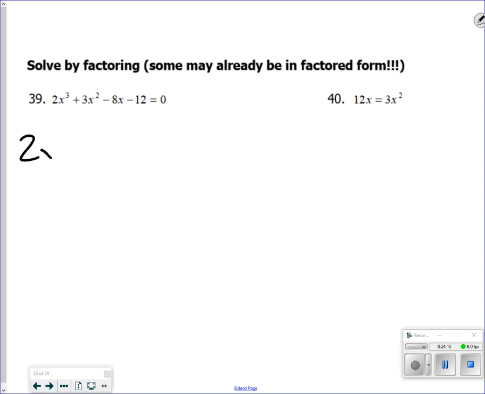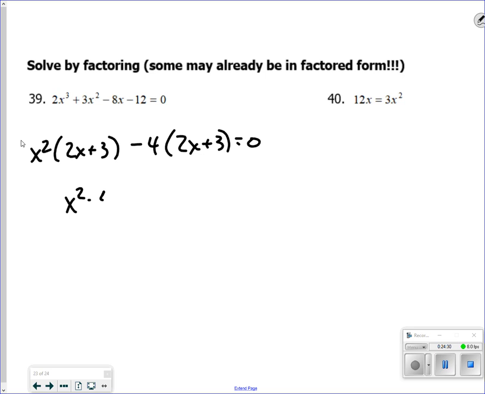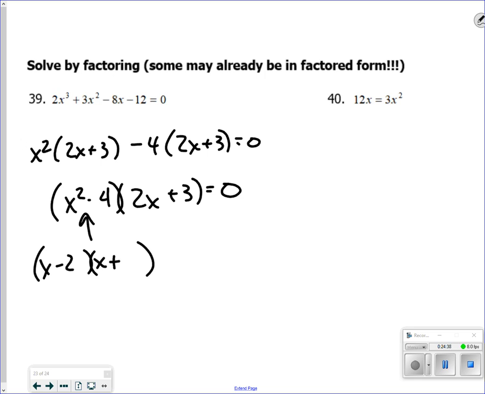Grouping. Just x squared comes out of the first two. So I'm left with 2x plus 3. -4 comes out of the next two. And so this is a really cool question. After I get done with my grouping, I see that I have a parenthesis that actually can factor again. It's the difference of squares.